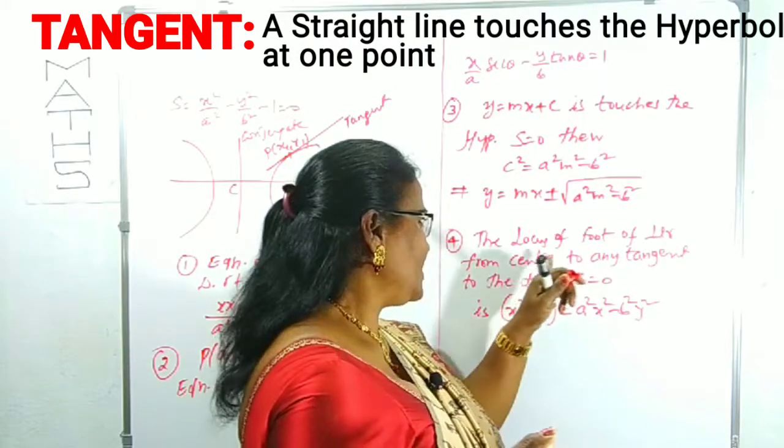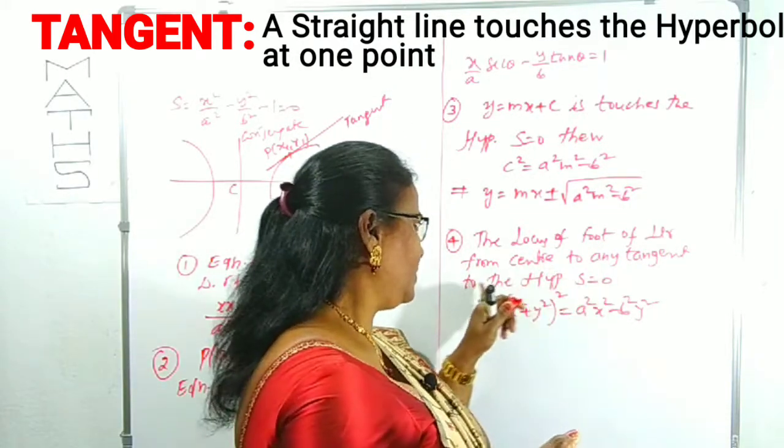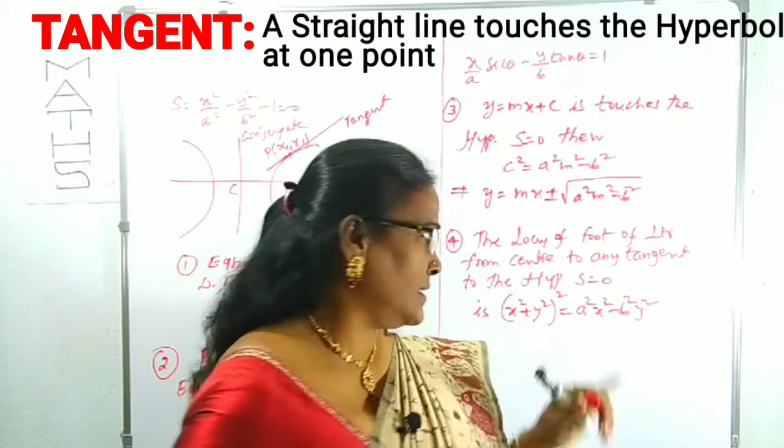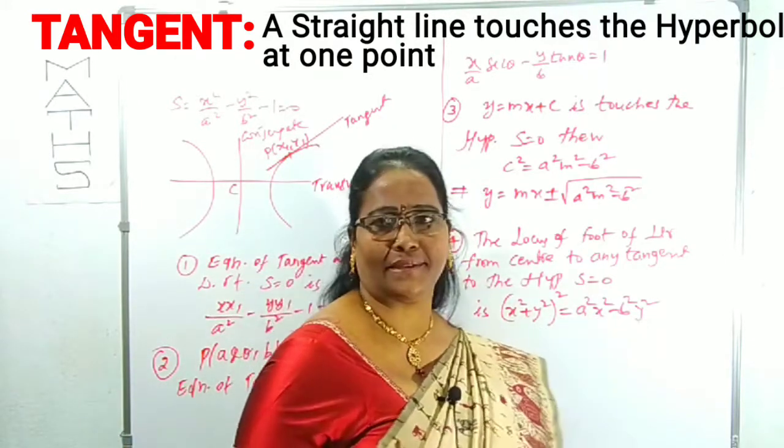So, the locus of foot of the perpendicular from center to any tangent is simply this, right?